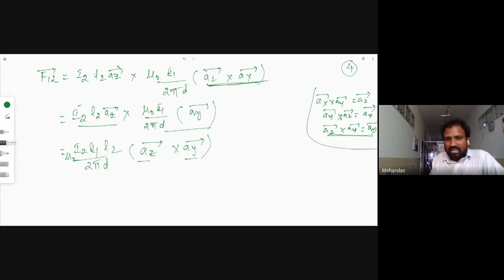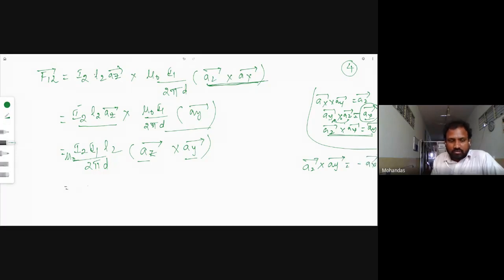Now tell me what is AZ cross AY? AY cross AZ is plus AX. AZ cross AY, if you reverse the order, what will be the resultant? Very good. AZ cross AY equal to minus AX.